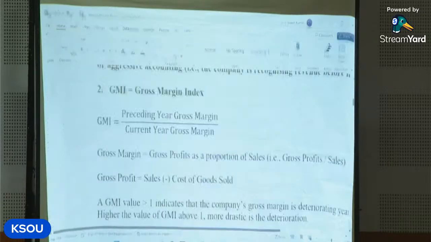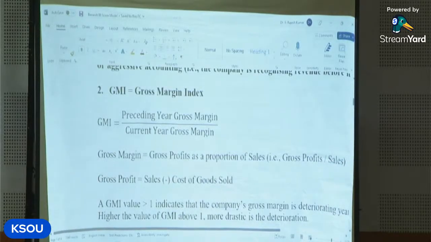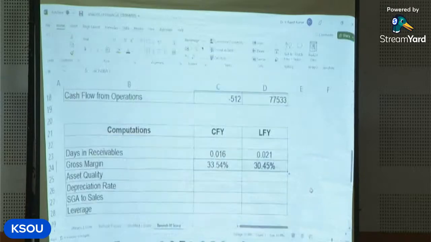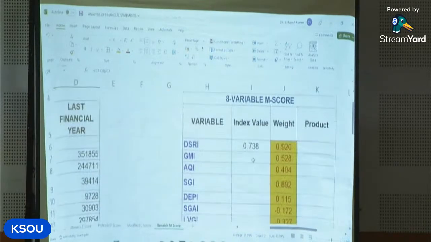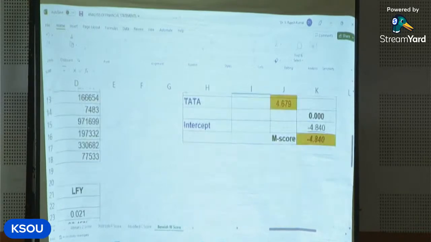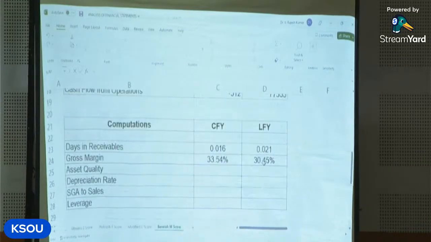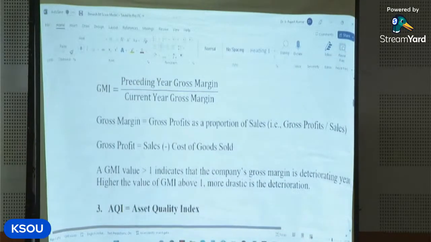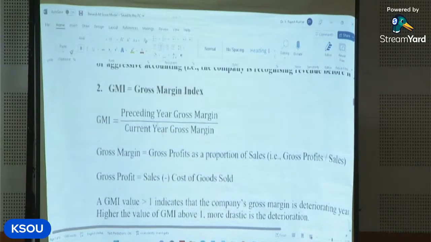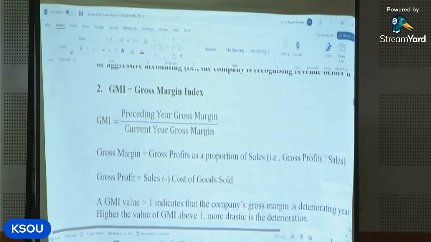And this formula says divide last year gross profit margin by current year gross profit margin. So take it here. Last year's gross profit margin divided by current year. So we get a number. Now, if it is greater than 1, means last year our profit percentage was more.